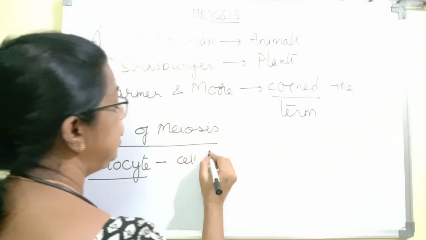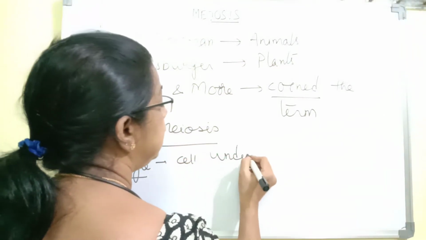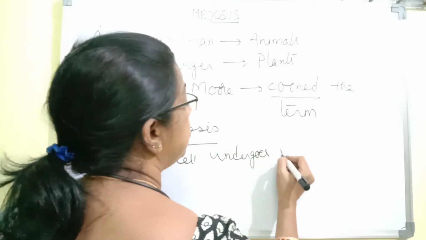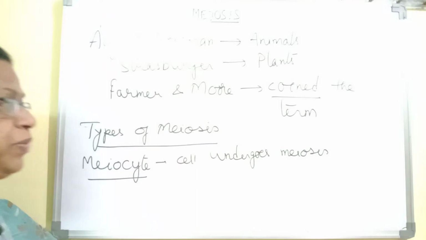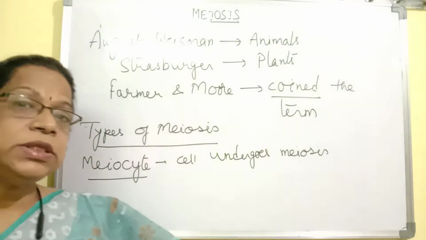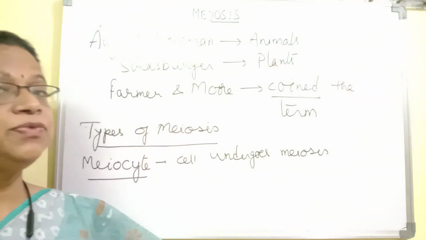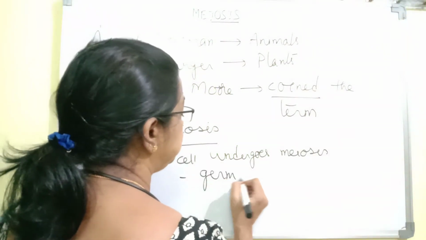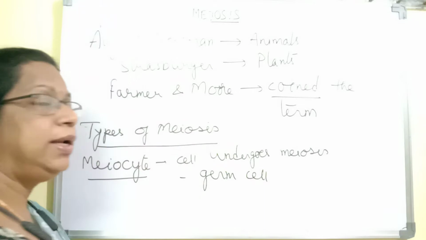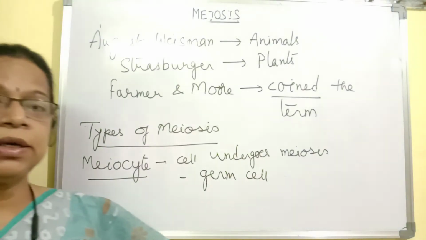It is the cell which undergoes meiosis, or the cell in which meiosis takes place. So the cell in which meiosis takes place is the reproductive cell, also called a germ cell.